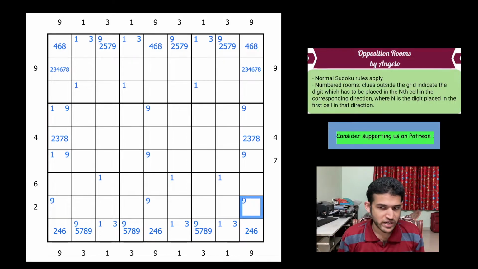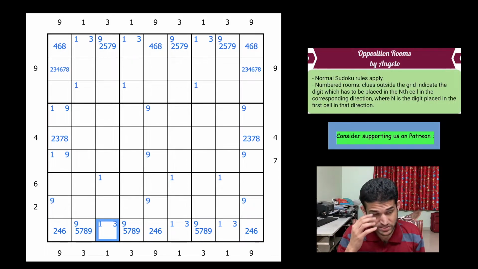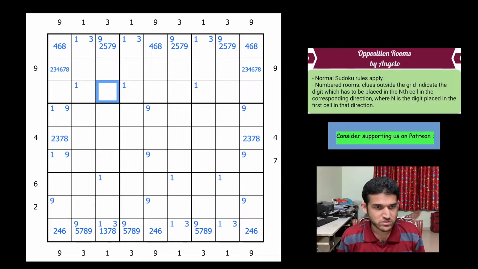So in row 9 column 3, it cannot be 4, 5, 6. It can be 1, 2, 3. 2 is ruled out. It can be 7, 8. 9 is also ruled out. 7 is also ruled out because 1 cannot go here.